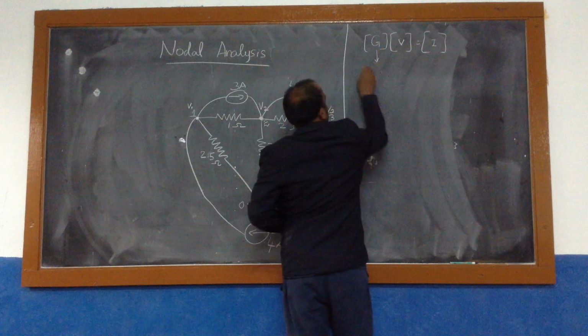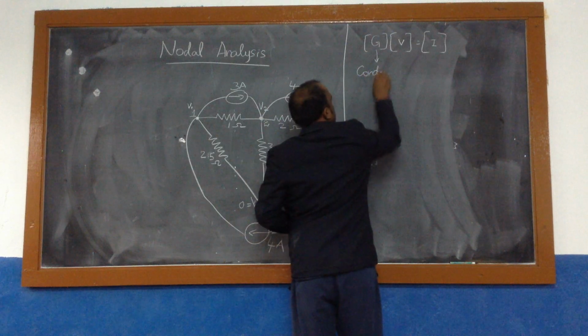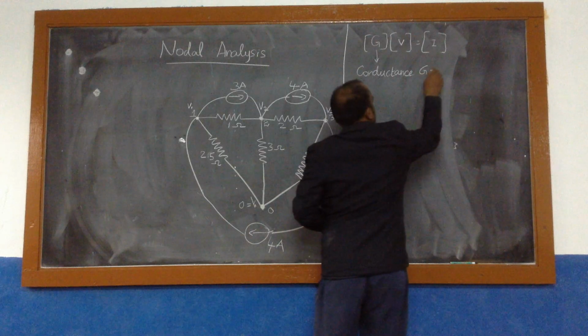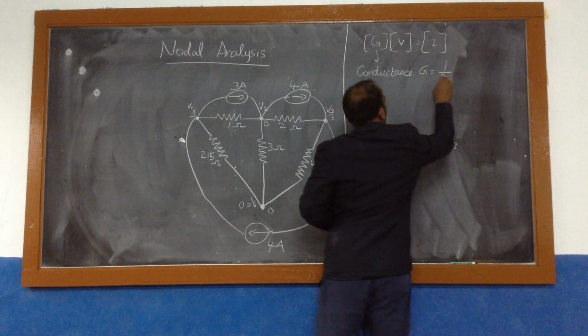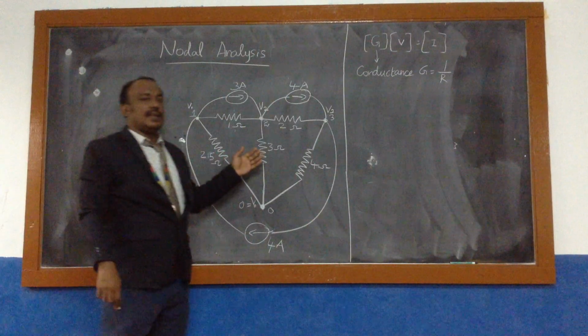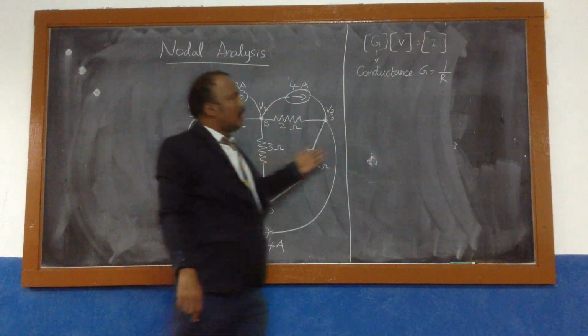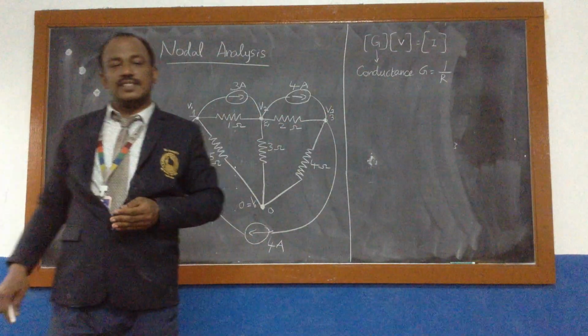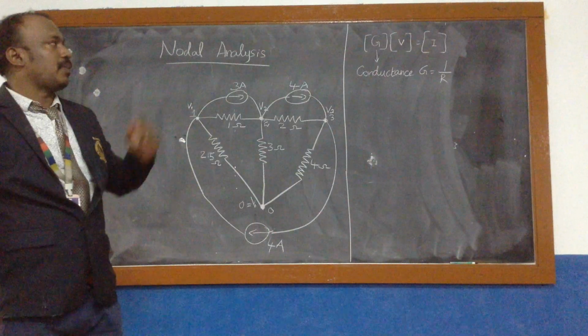G, what is G? Conductance. G is equal to what? The reciprocal of resistance. You can see n number of resistances are in the given diagram. Resistance is used to find the value of conductance G by simply taking the reciprocal.